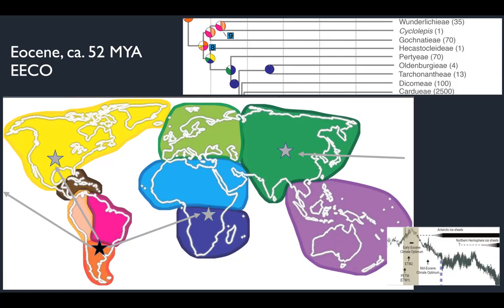If you look at the phylogeny and our biogeographical analyses, and you just look at the most likely scenario, it looks like there was probably a migration out of South America to North America to Asia, and then to Africa.